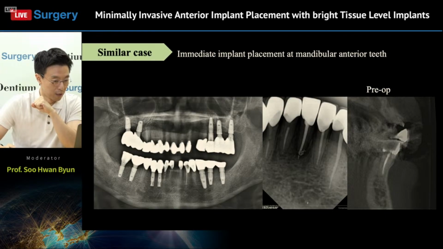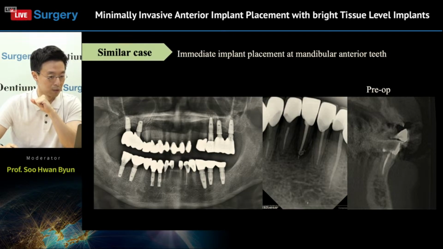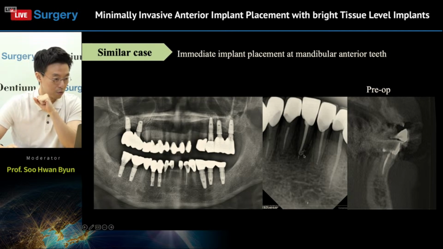Before we begin today's live surgery, I would like to show you a similar case of implant placement in the lower anterior area. In this case, this tooth was hopeless, so I decided to remove it and place a single implant in this place.